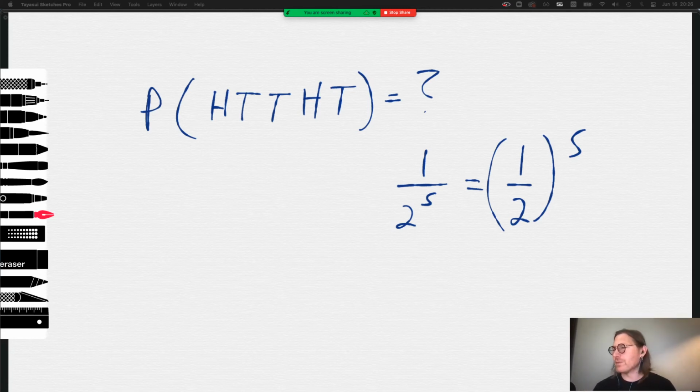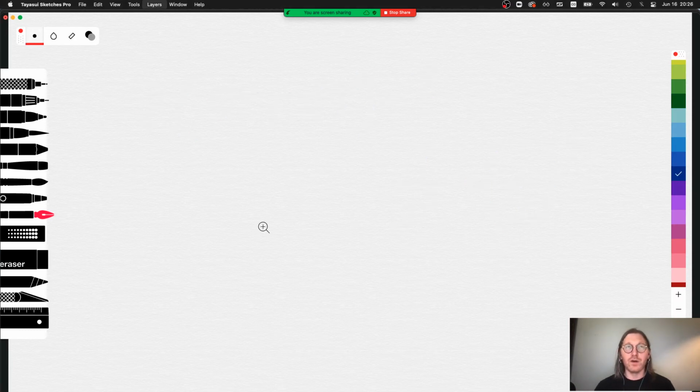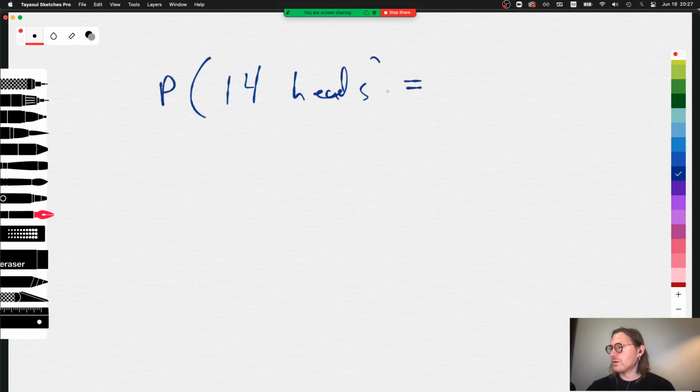Before we get there, let's back up to that idea of all heads in 14 flips. That's 14 heads out of 14 flips. That is just 1/2 to the 14th, or 1 over 2 to the 14th.